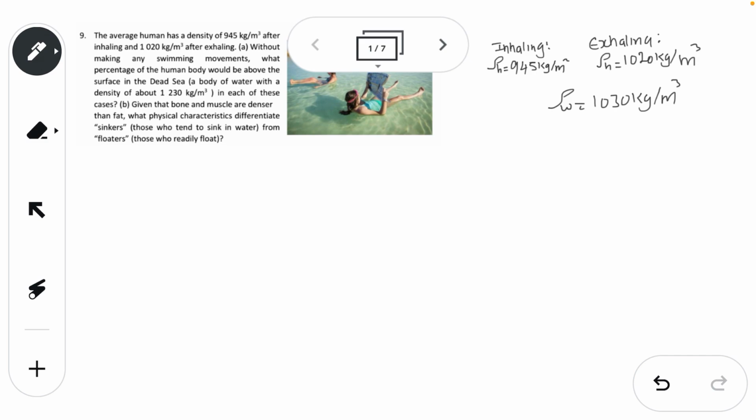So the weight of the human is equal to the upthrust force exerted by the fluid.